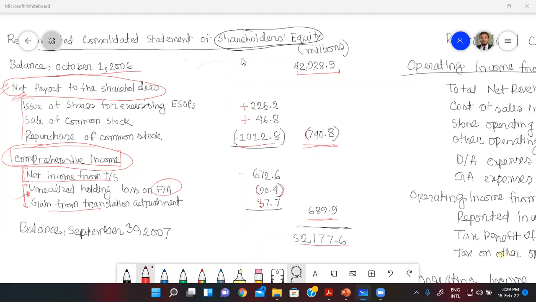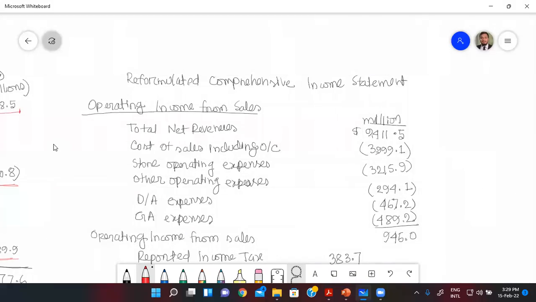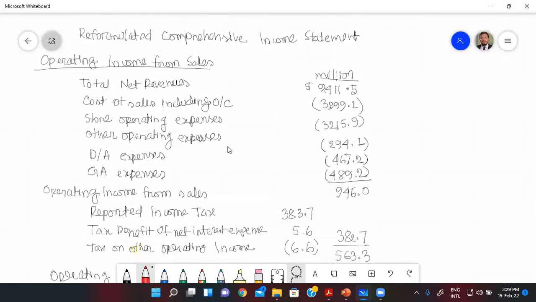Yes, no? So let's proceed to the reformulated comprehensive income statement.